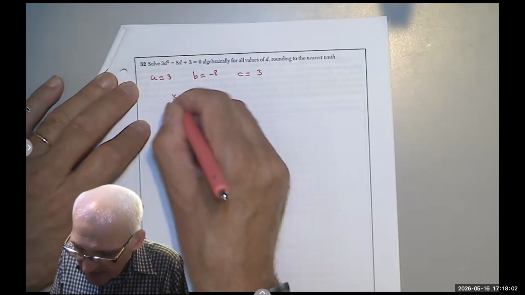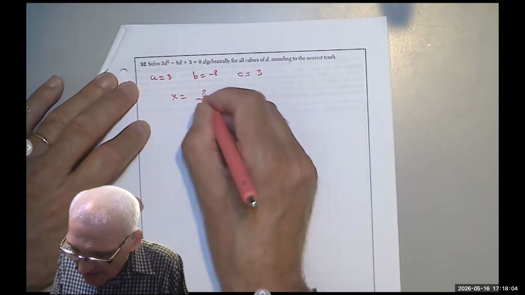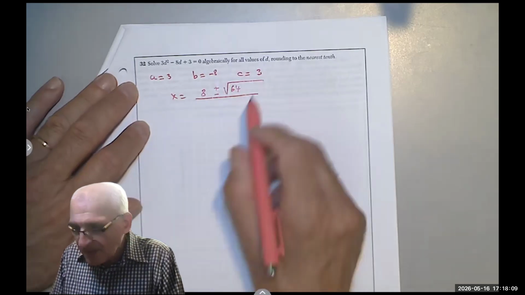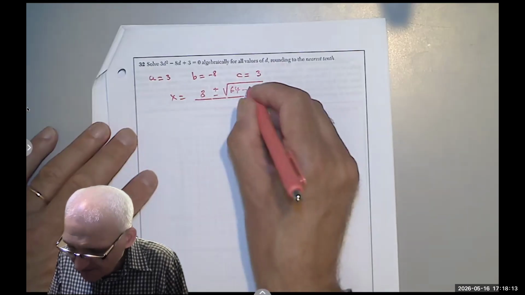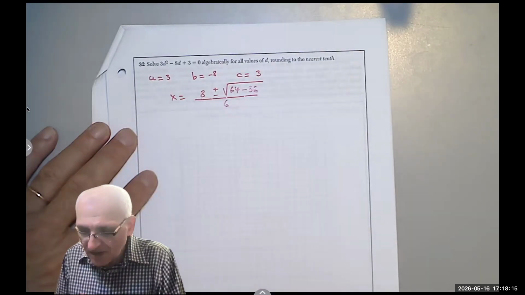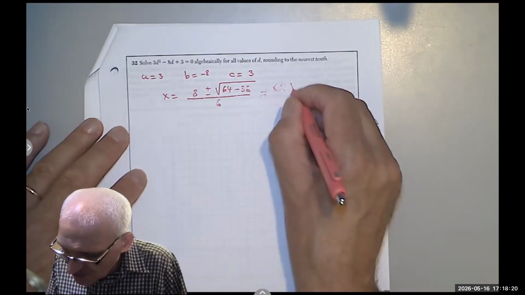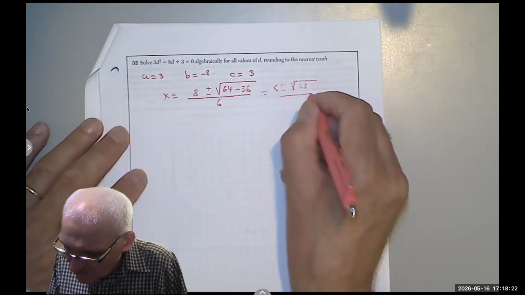So I would say x equals negative b, which is 8, plus or minus the square root of b squared, 64, minus 4ac. ac is 9 times 4 is 36, divided by 6, which is twice 3.